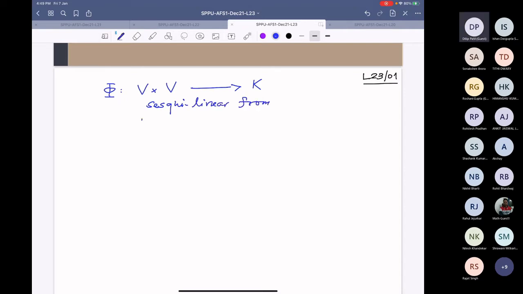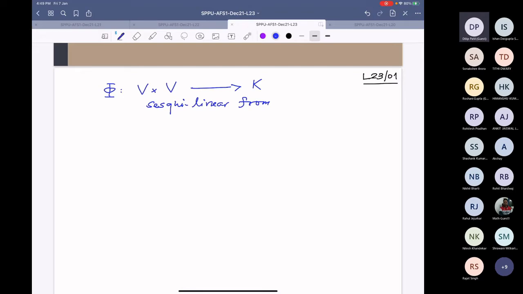I am talking about this perpendicular relation. This is not symmetric in general, so I will put a condition on the form so that it becomes symmetric.